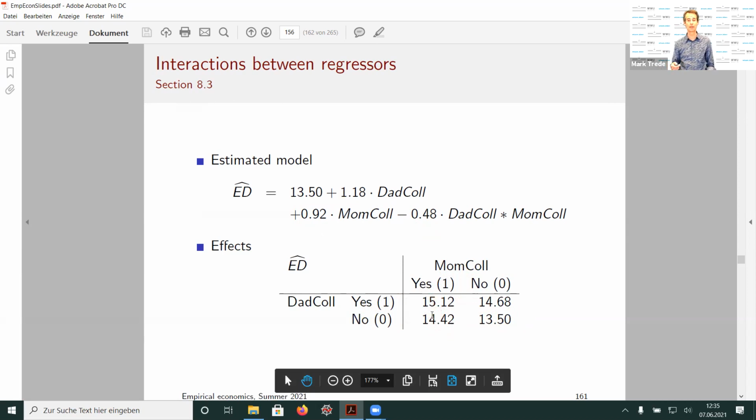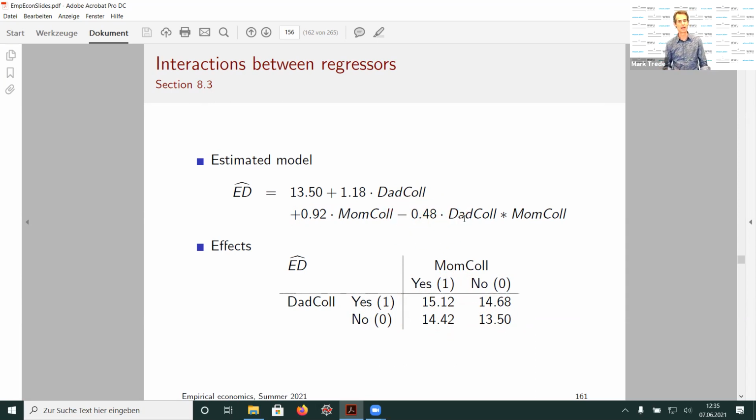And the difference is, of course, the minus 0.48 here. So the effect of the mom's education or the dad's education on the years of education depends on the spouse's college education level. All right, so that's the case where we have two dummy variables.